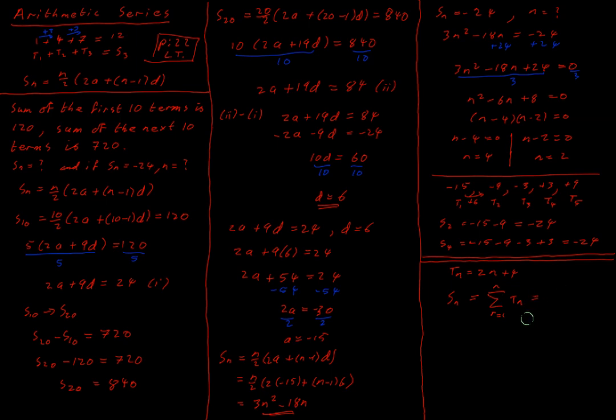Sorry, that should say r, not n. The way that we read this is the sigma means add up. The thing that looks like a capital E means add up our terms.